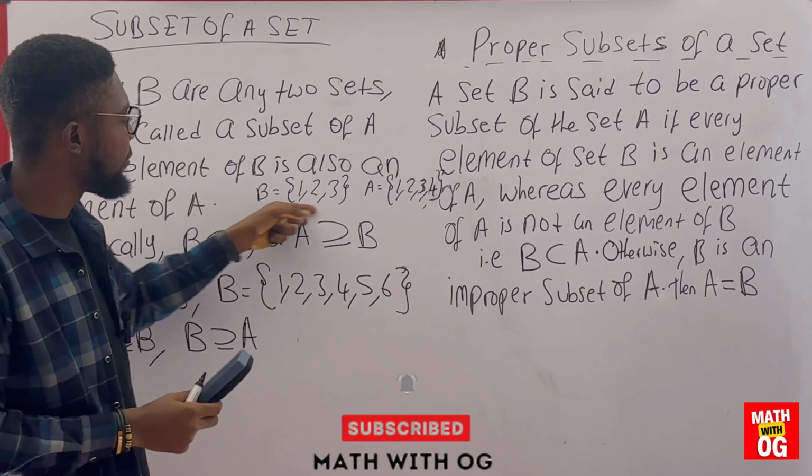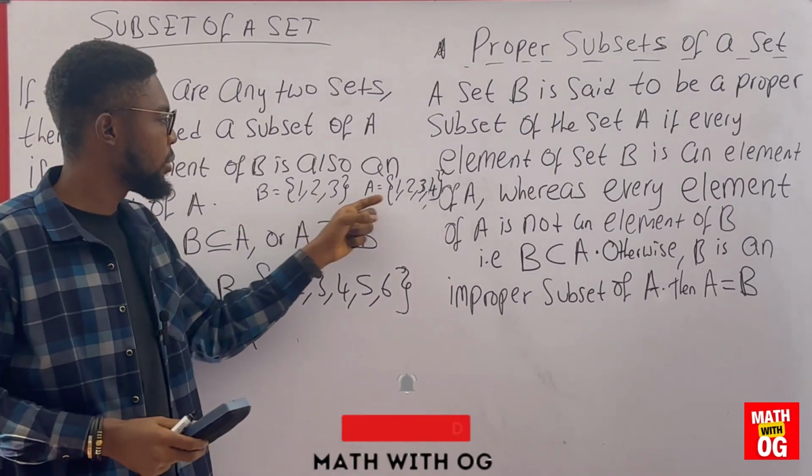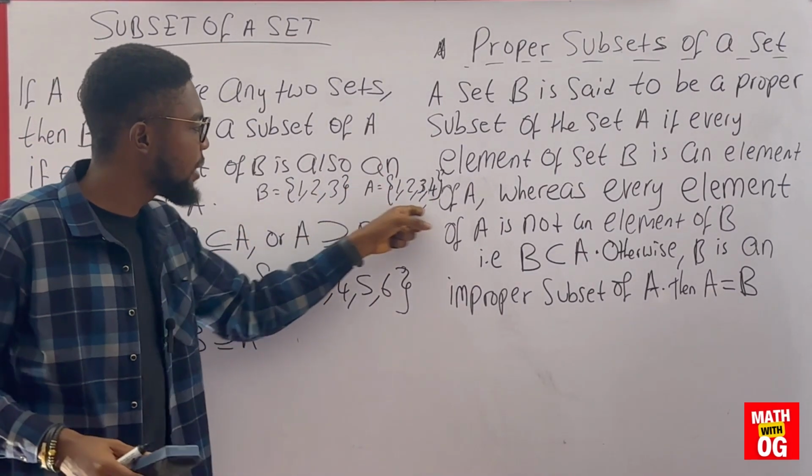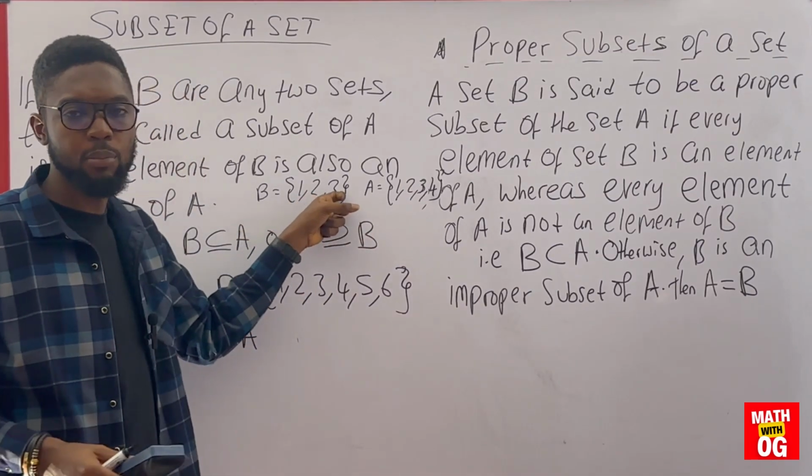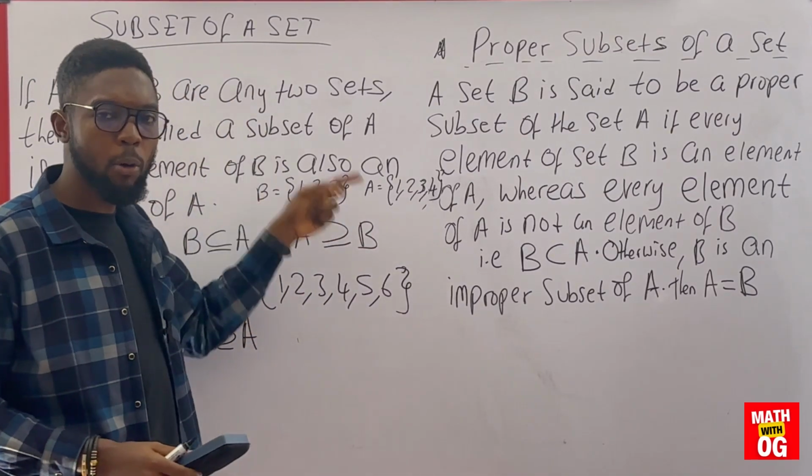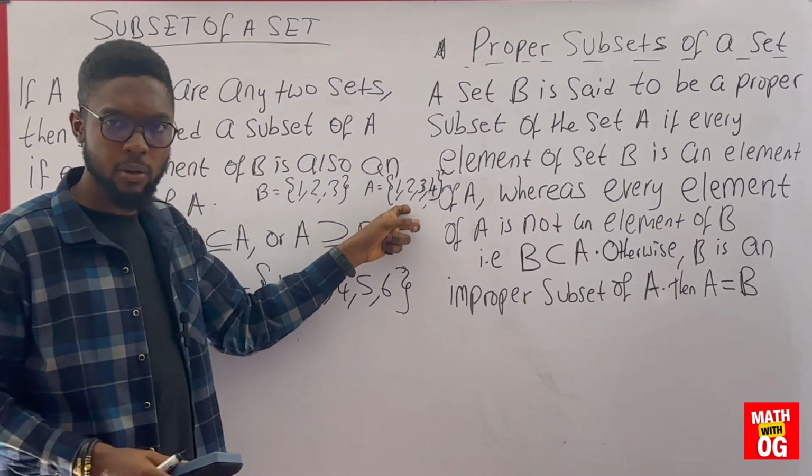Every element of B is an element of A, {1, 2, 3}. However, every element of A is not an element of B. So you can say B is a proper subset of A.